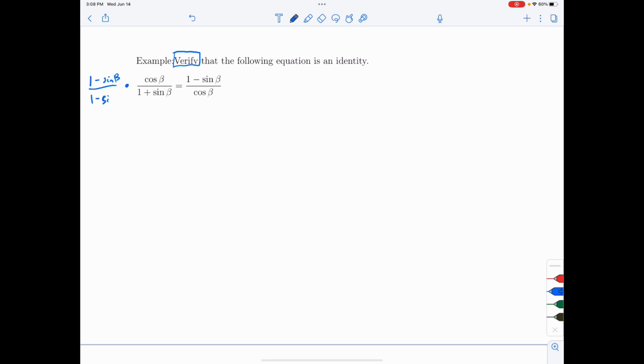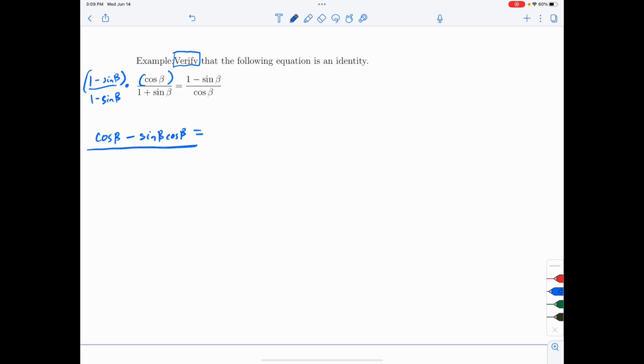the denominator. In other words, we have this expression 1 plus sine of beta, and the conjugate is taking those two terms and replacing the plus sign with a minus sign. So I'm going to go ahead and multiply these now. On the numerator, I get cosine of beta minus sine beta cosine beta.